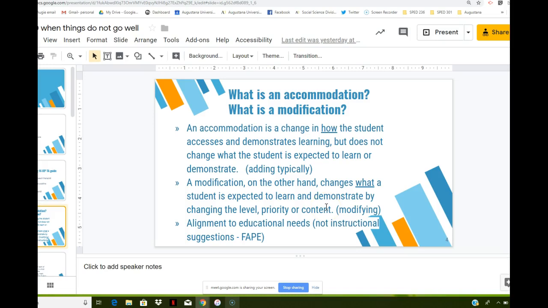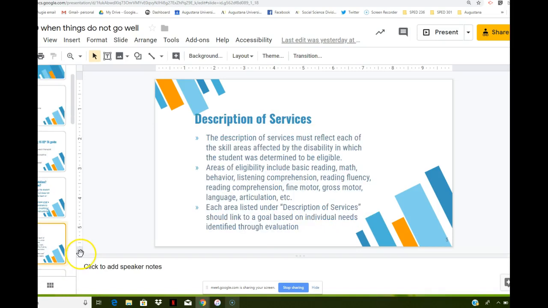All right. So the next slide is services. For this slide, I just want you to remember that when we write services, we reflect services for each skill area. So if you talked about deficits in the present levels in reading, math, writing, language, or fine motor, we should see services for each of those skill areas. It doesn't necessarily equate to having a goal for each.